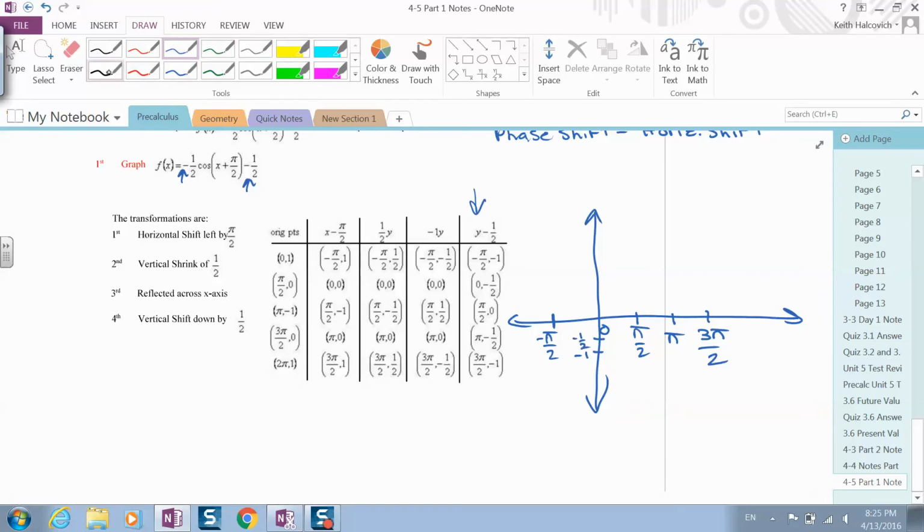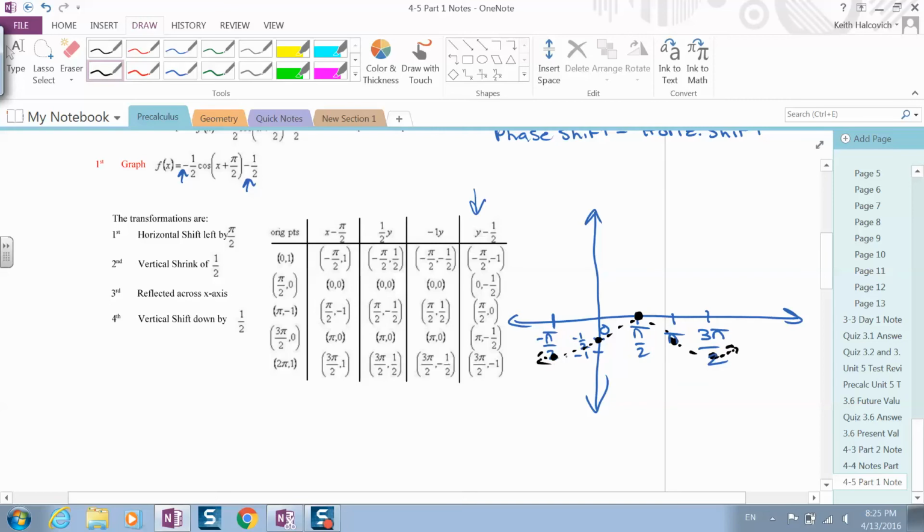Alright, so when we plot the points for the cosine curve, we have negative pi over 2 and -1, 0 and -1/2, pi over 2 and 0, pi and -1/2, and 3 pi over 2 and -1. Remember, dotted lines for this, because this is not our graph, this is just a guide.